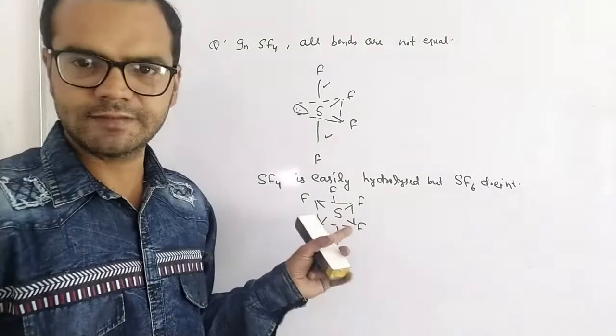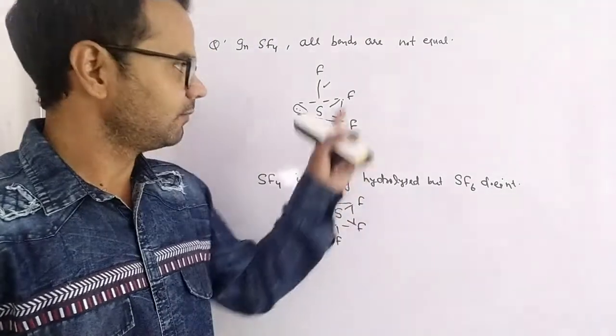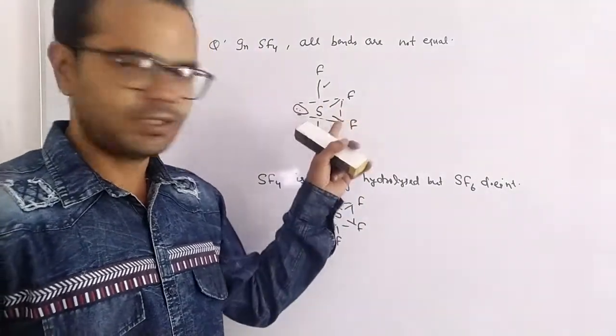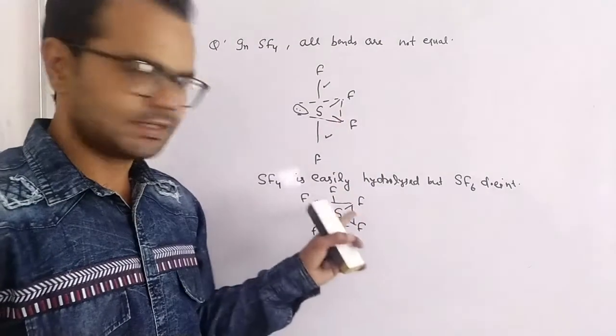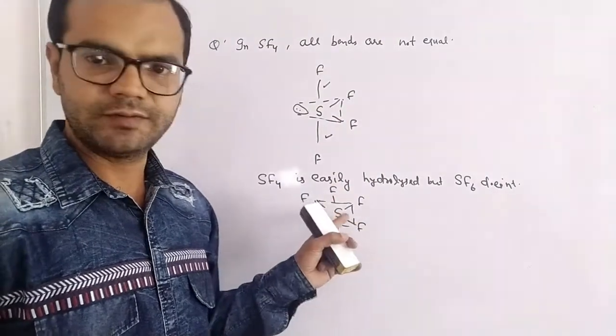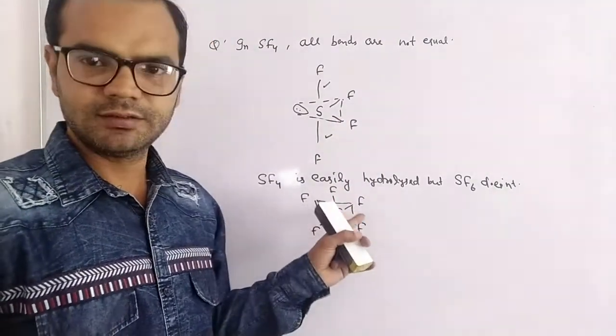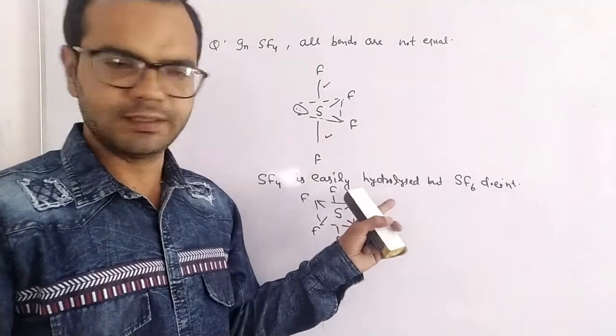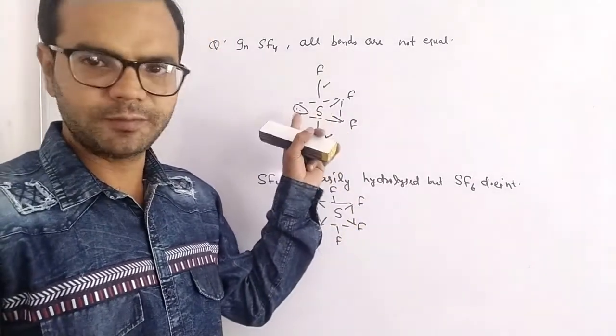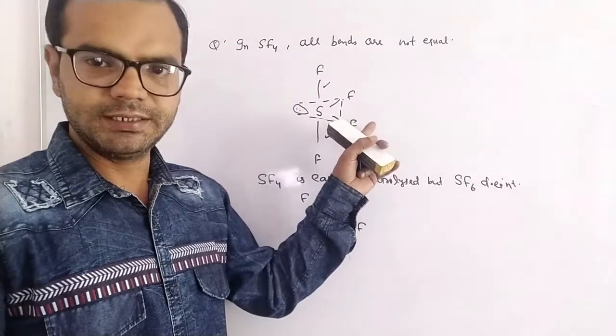This is the structure of SF6. It is octahedral in shape, but SF4 is see-saw shaped. So these 6 fluorines hinder the sulfur and sulfur has the maximum oxidation state, so it will not react with other nucleophiles. But in SF4, there is still one lone pair, so it can react with water and is easily hydrolyzed.